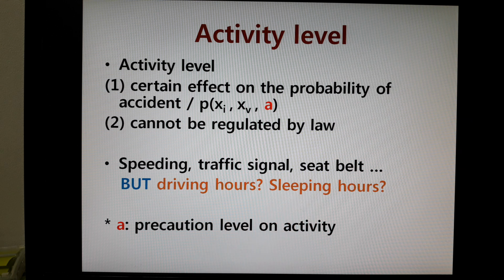If your seatbelt is not on, you would be punished too. All these, speeding, violation of traffic signals, and not fastening your seatbelt, contribute and increase the probability of accident. But there are other things which also increase the probability of accident.